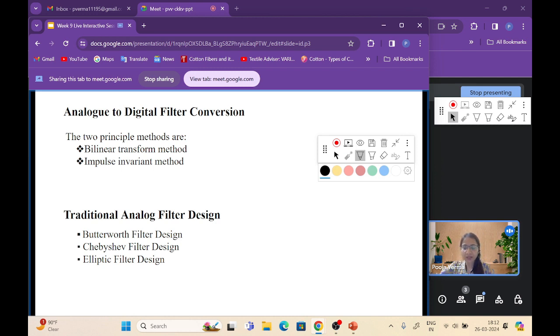The traditional analog methods available for filter design are Butterworth, Chebyshev, and elliptic filter design. Mostly we will use Butterworth and Chebyshev filter design. There are two types of Chebyshev filter, type 1 and type 2.